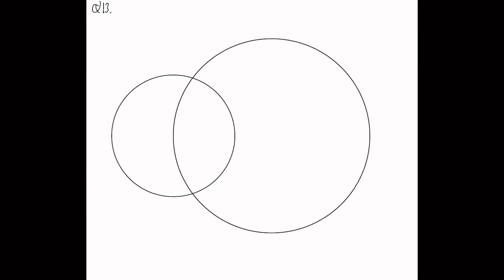Okay, let me just copy the diagram first. A goes to B, then to C. Let me mark the center first. Okay, something like this, then you bring it down. Good.